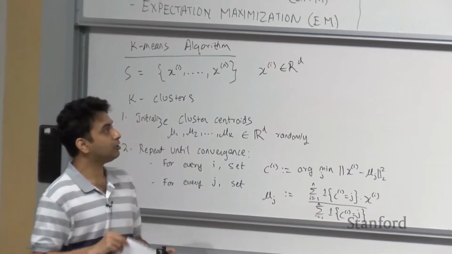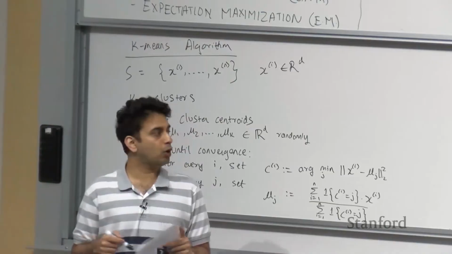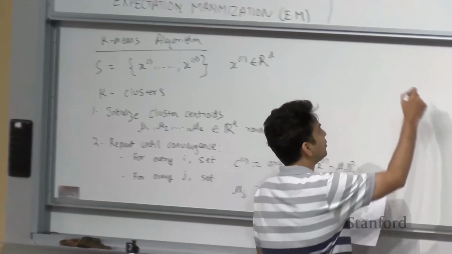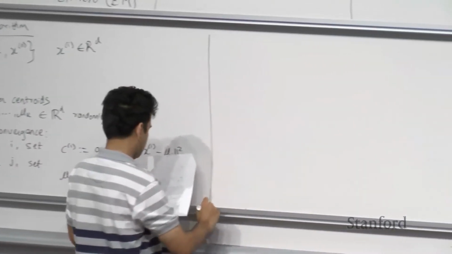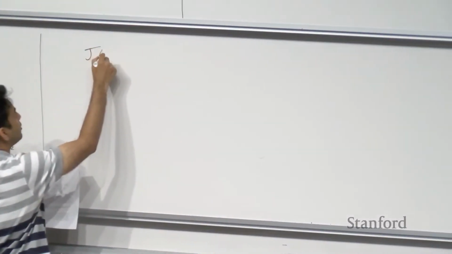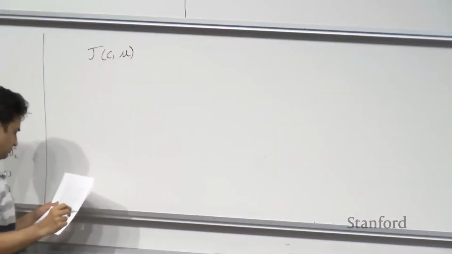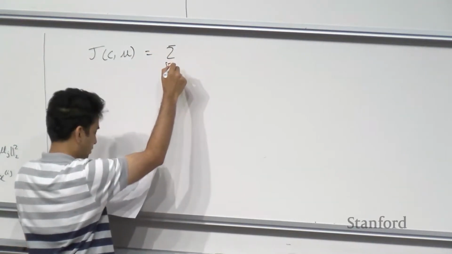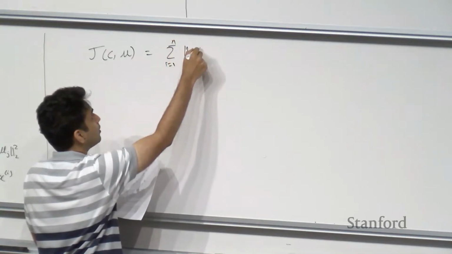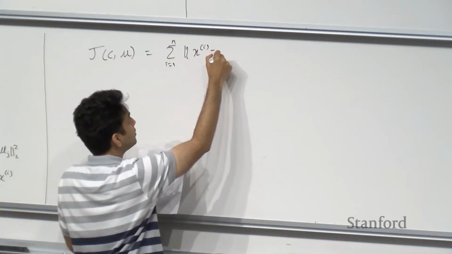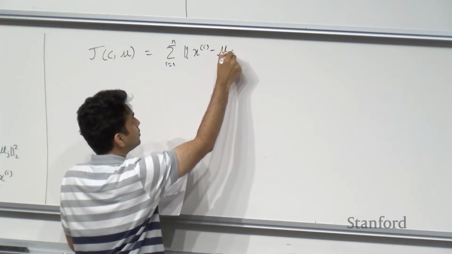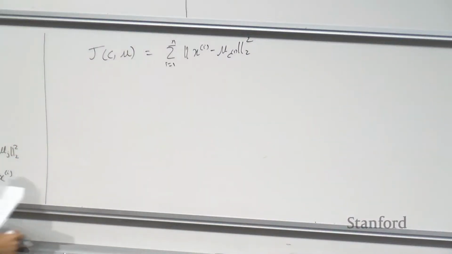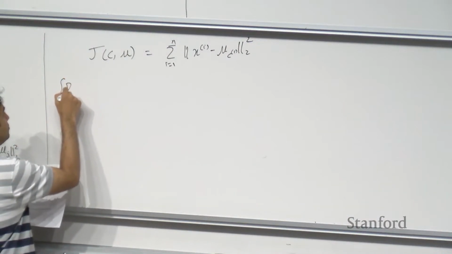that the algorithm does always converge, and what we mean by convergence in this algorithm has a special meaning. So if we consider this loss function called J of c comma mu equal to the sum from i equals 1 through n of the squared norm of x_i minus mu_{c_i}, this is also called the distortion function.